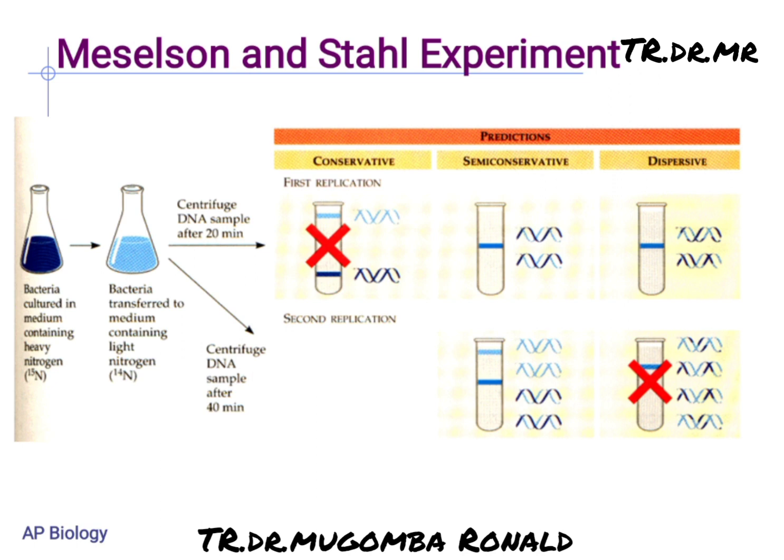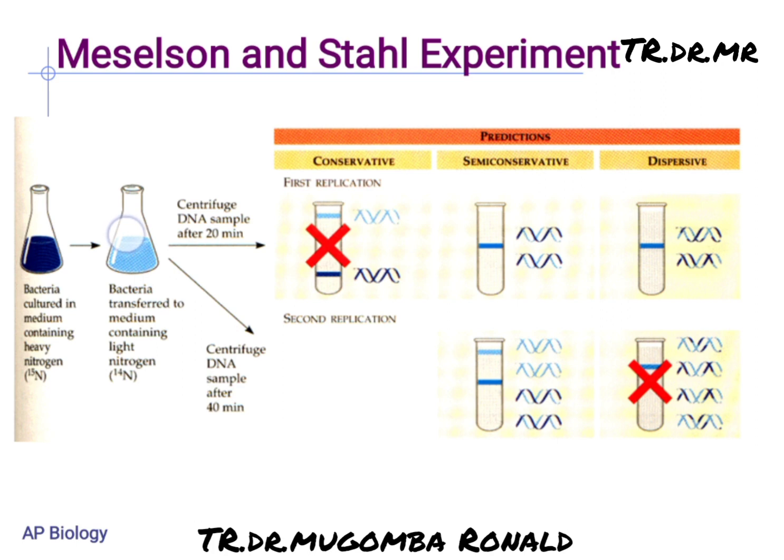What they did is they cultured bacteria in a medium that contains heavy nitrogen for some time. After some time, they transferred this bacteria to a medium that contains light nitrogen.